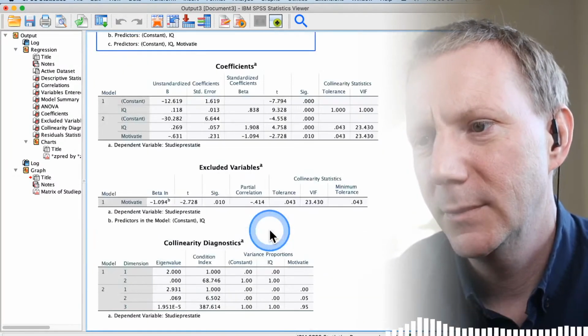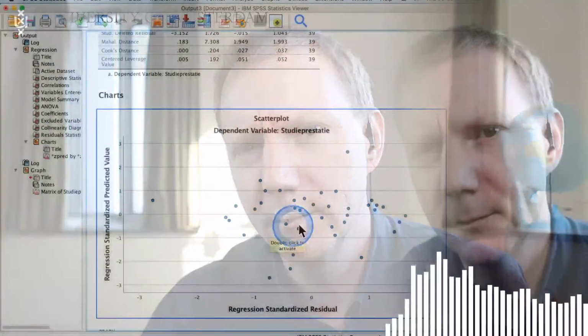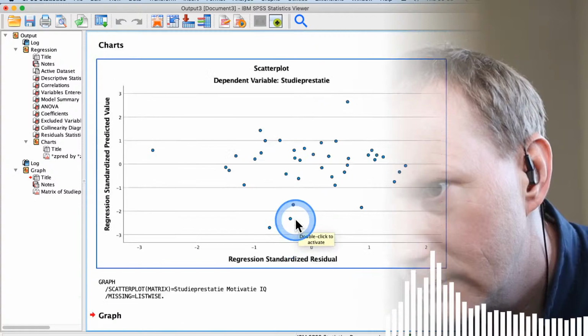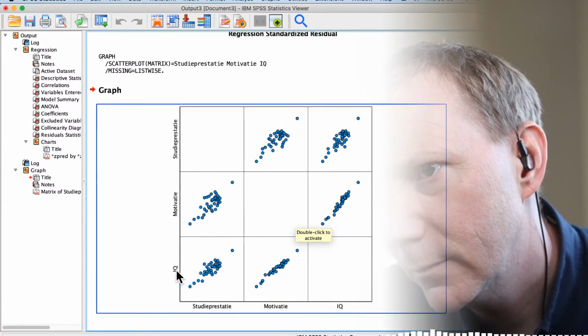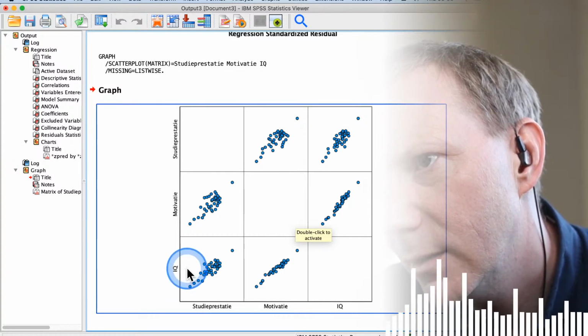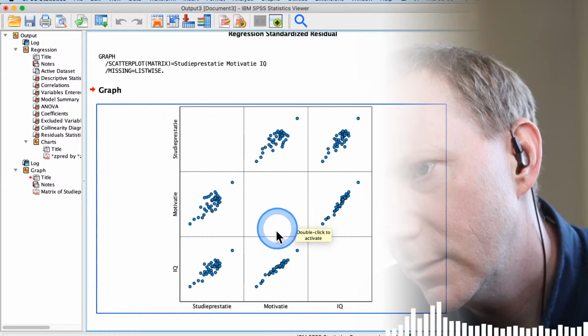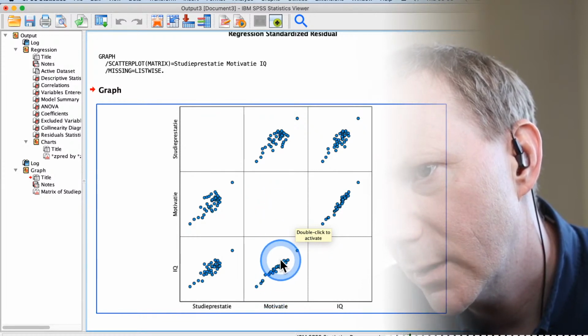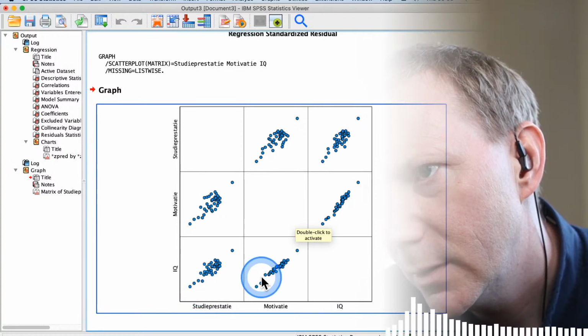That's a question. Go ahead. If you go to the matrix, why are IQ and motivation in the matrix 2 times? Why is it not identical? The middle down and the middle right are supposed to be the same, right? It's mirrored, right?